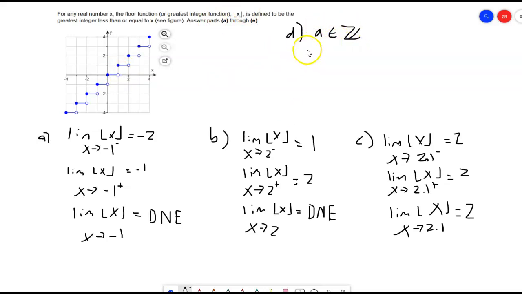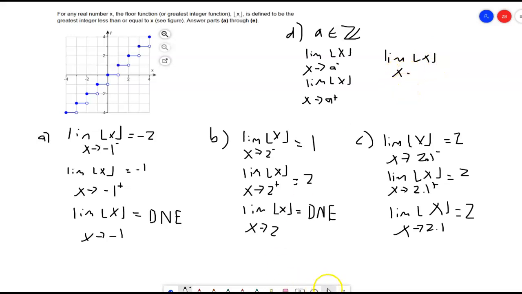So the first one we're going to look at is the limit of the floor function as x approaches a from the left, and then we're going to do the limit of the floor function as x approaches a from the right, and then finally we're going to look at the limit of the floor function as x approaches a.